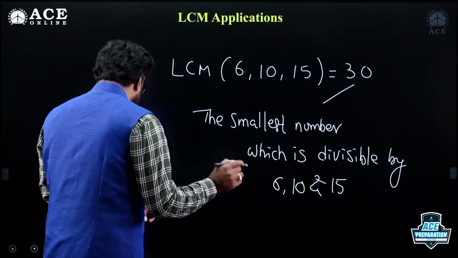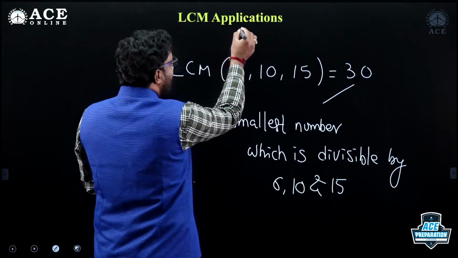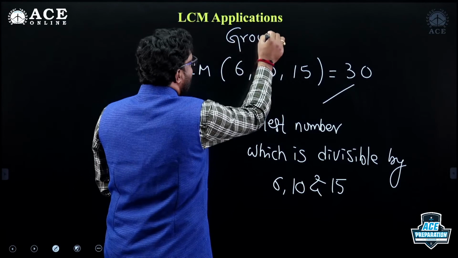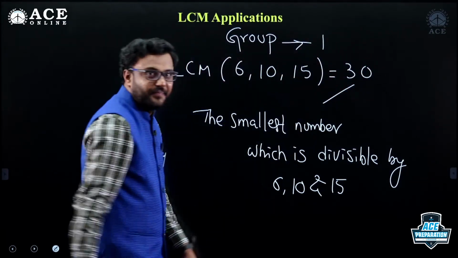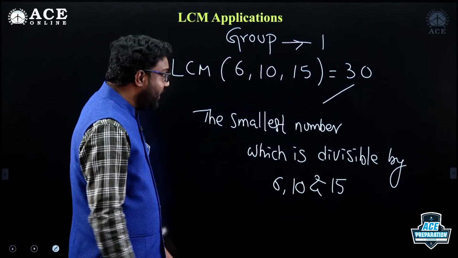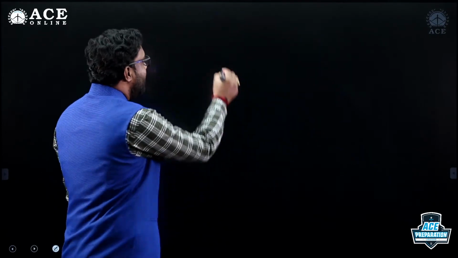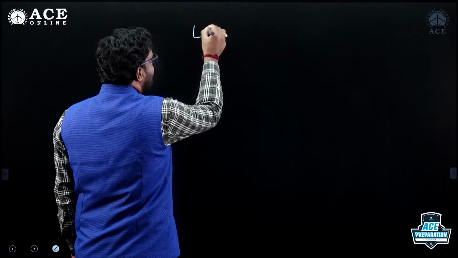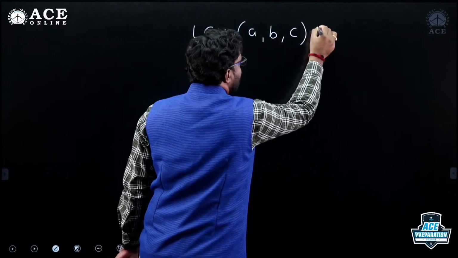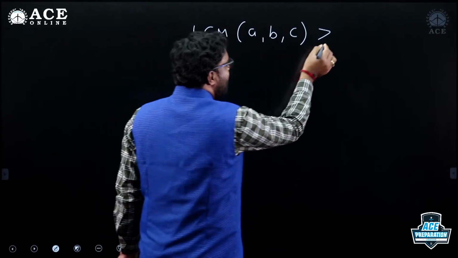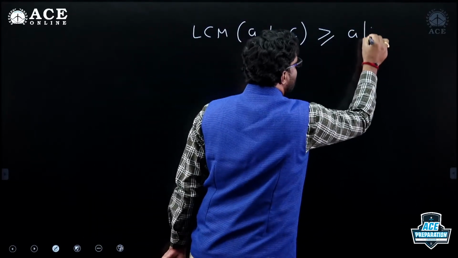One more point to keep in mind: a group of numbers attacking one number means this group of numbers is dividing this one number. The other point is that the LCM of given numbers is, in most cases, greater than the given numbers, or maybe equal in a few cases.